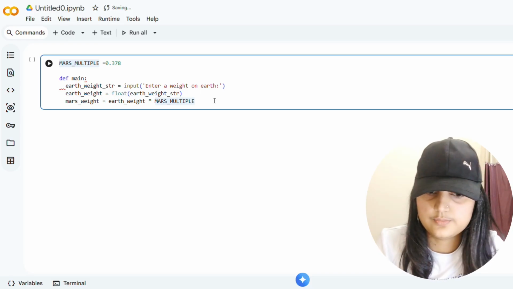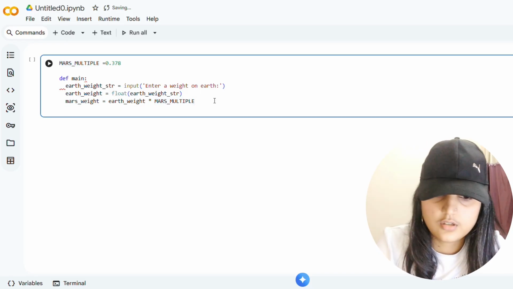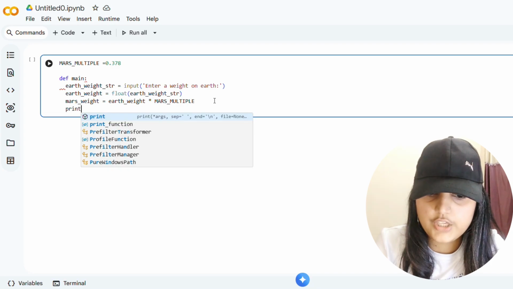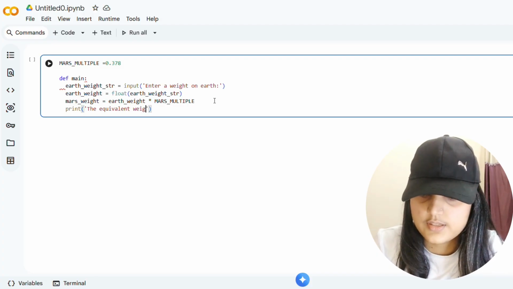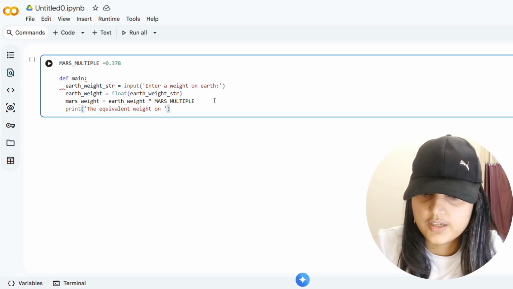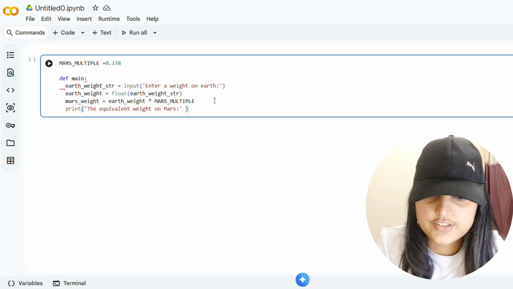Easy peasy. The equivalent weight on Mars is plus str Mars weight.